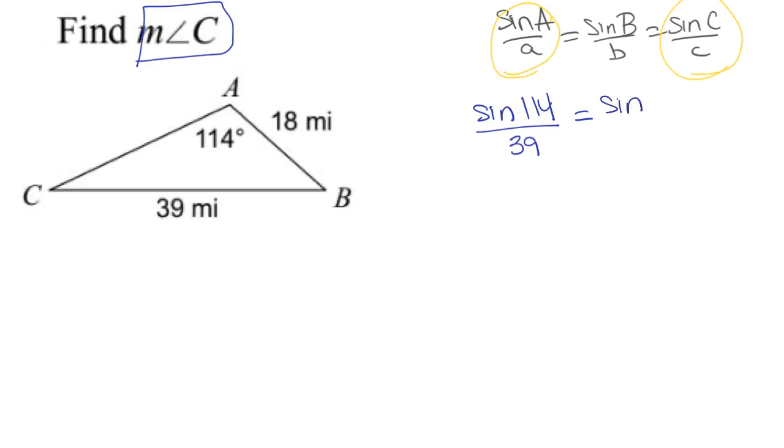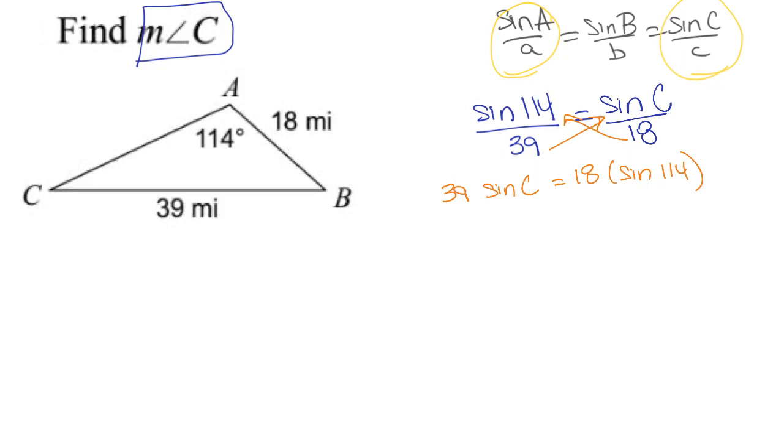Sine of C, since angle C is what I'm looking for, over side C, which is 18. Now that I have my two fractions set equal to each other, I can cross multiply. So 39 times the sine of C is going to equal 18 times the sine of 114.